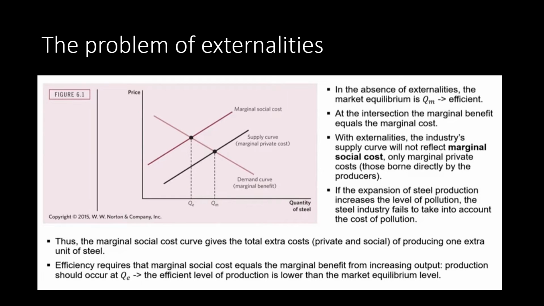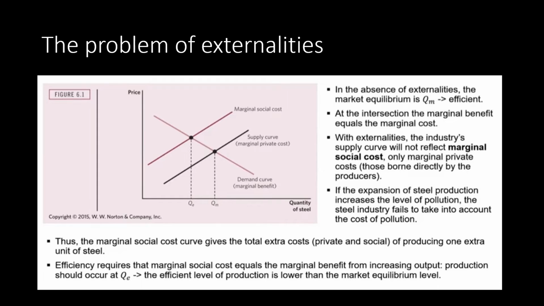I'll be explaining this graph which shows the problem of externalities. In the absence of externalities, the market equilibrium is QM. This market equilibrium is efficient, at the intersection where marginal benefit equals marginal cost.